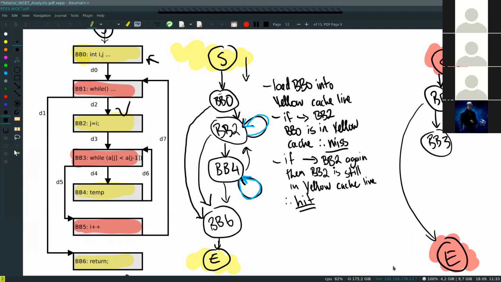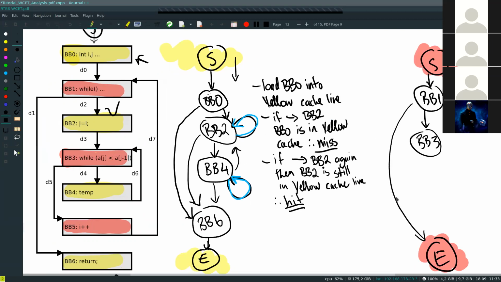So what would I draw next in my red cache conflict graph? BB3 loop. Yeah, good one. And what is that? Very good. There's a guaranteed cache hit. So what is missing then from this cache conflict graph?